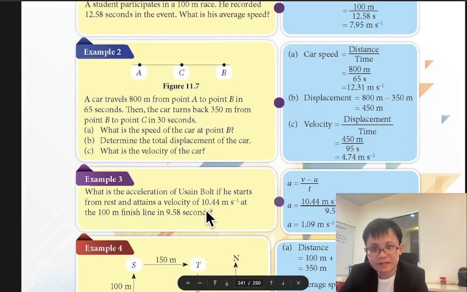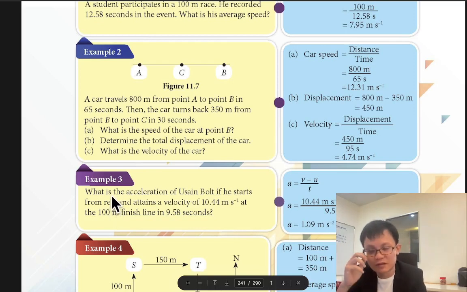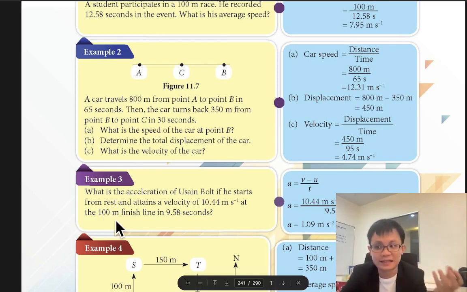Usain Bolt starts the race at rest, which means 0. Always remember, sometimes they don't give you the 0. What do we mean by rest? In the physics term, rest means it does not move, it is stationary. We use the word stationary or rest.